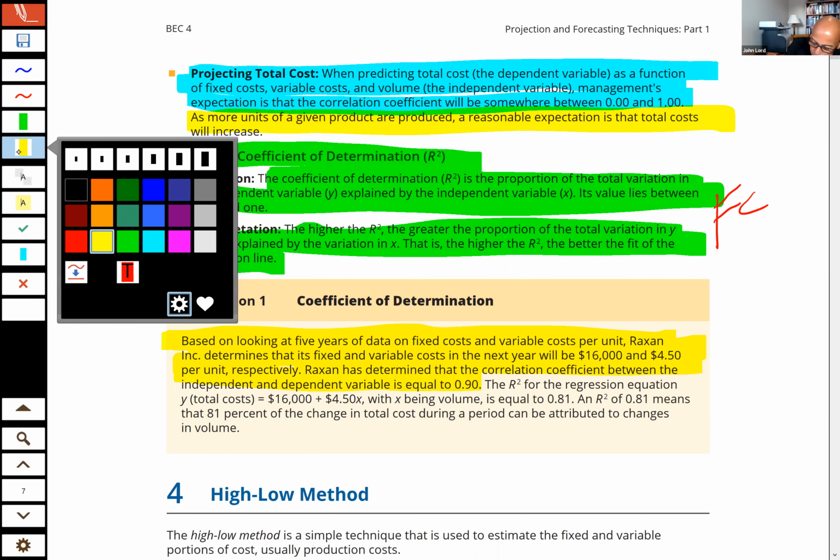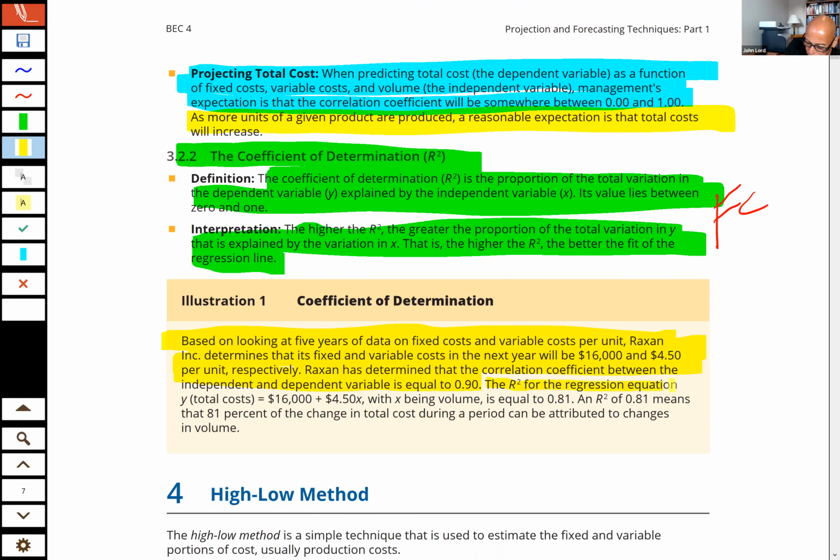Therefore, they want us to calculate the coefficient of determination. We would simply take the 0.9 and square it, and that's how they end up with 0.81. And that's how you would calculate that.